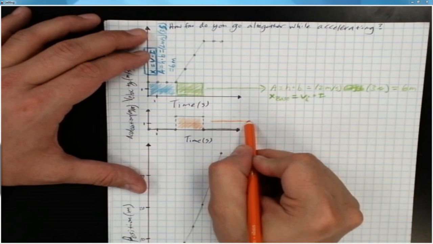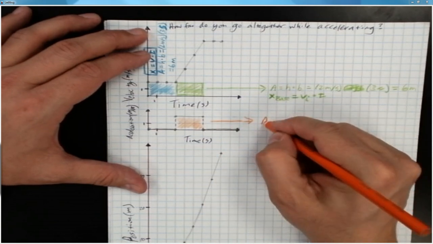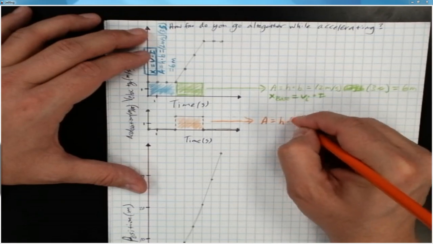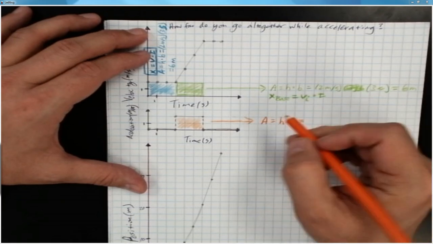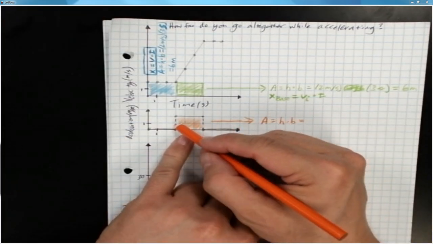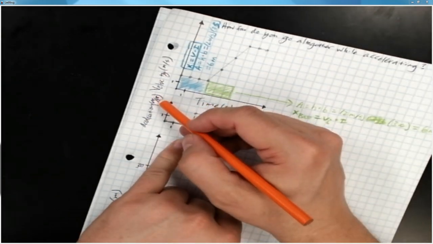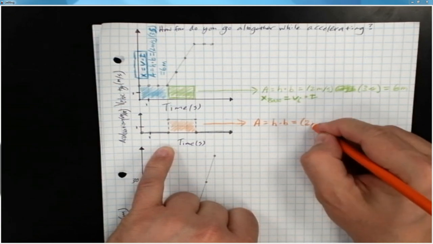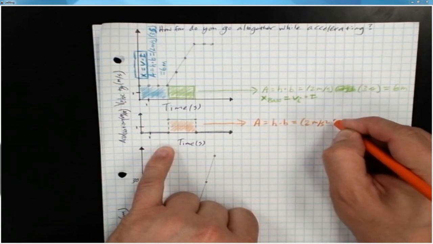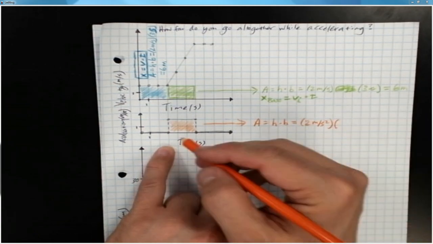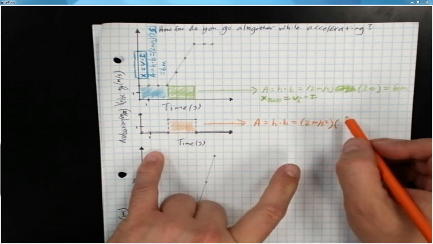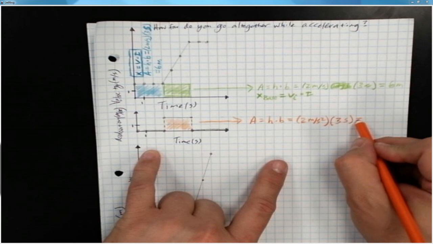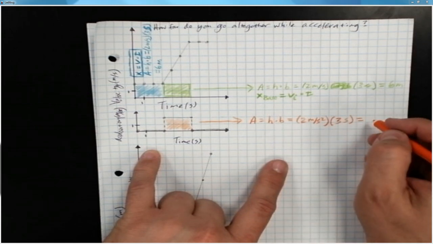So this area here is equal to, of course, height times base, which is 2 meters per second squared, multiplied by the base, which is 3 seconds. And that's going to give us 2 times 3 is 6.